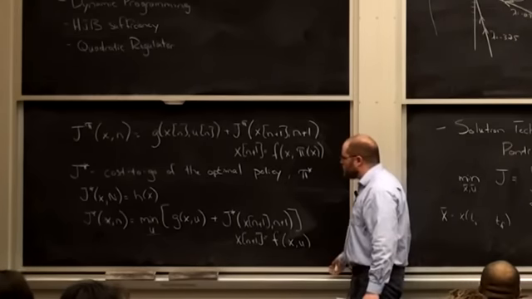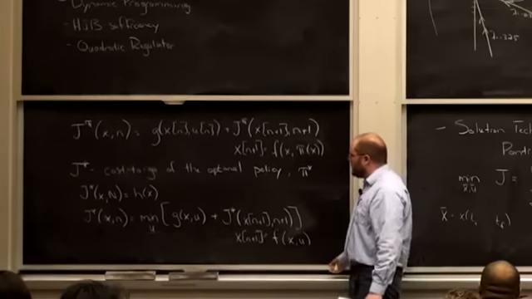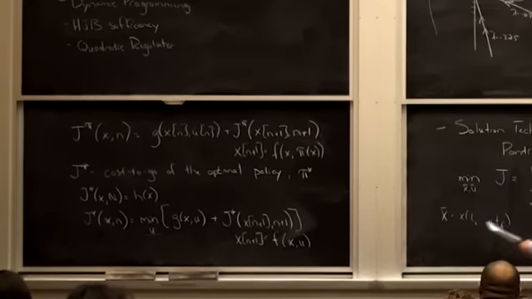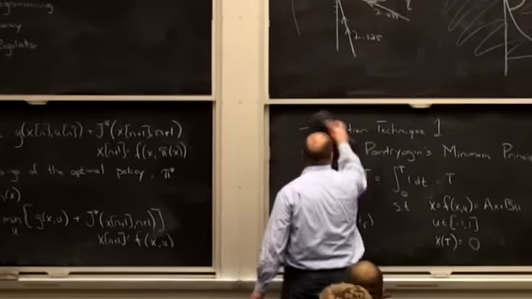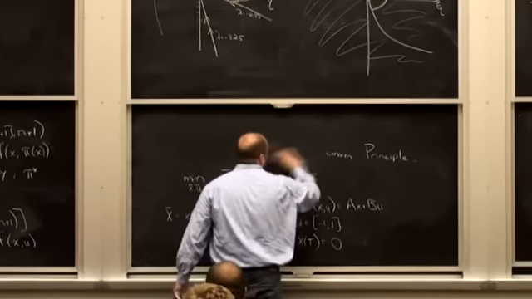Okay, good. So we've got a recursive form of this cost to go function that we exploited with the additive form. And now the optimal policy comes straight out.